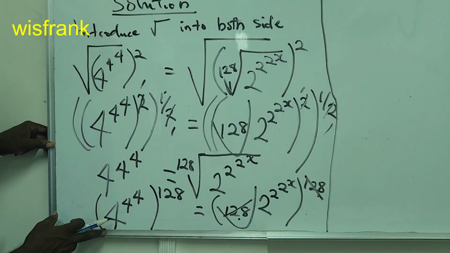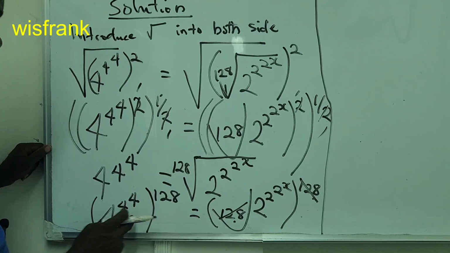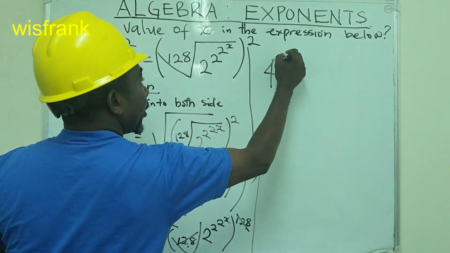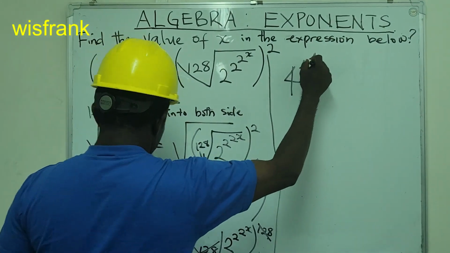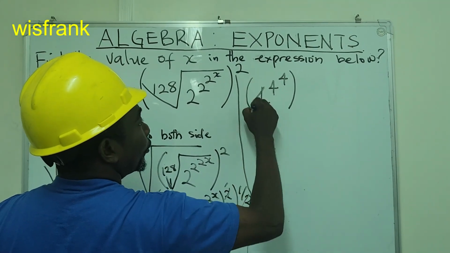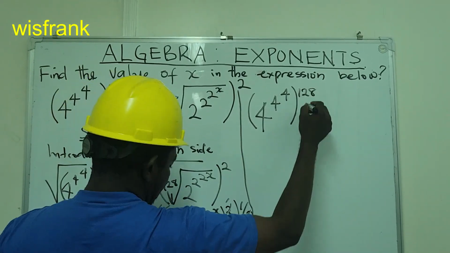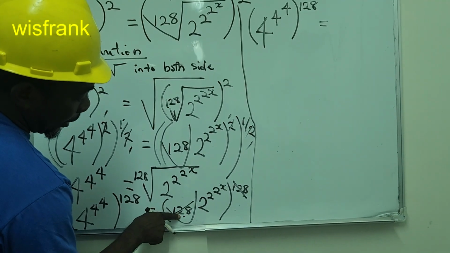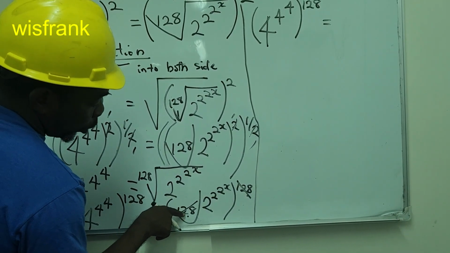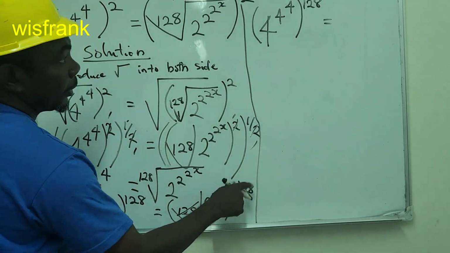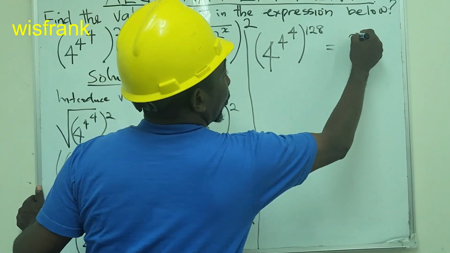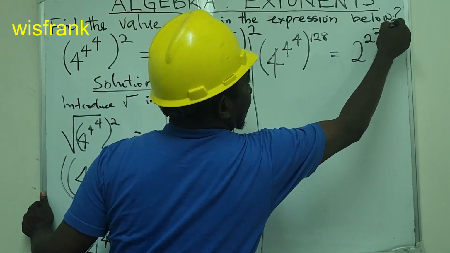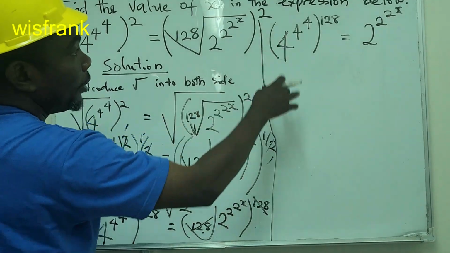So it will remain, moving to this side, 4 raised to the power of 4 raised to the power of 4, all to the power of 128, equals, because we have eliminated the 128 root, we are now left with 2 raised to the power of 2 raised to the power of 2 and raised to the power of x. So that is what we have there.